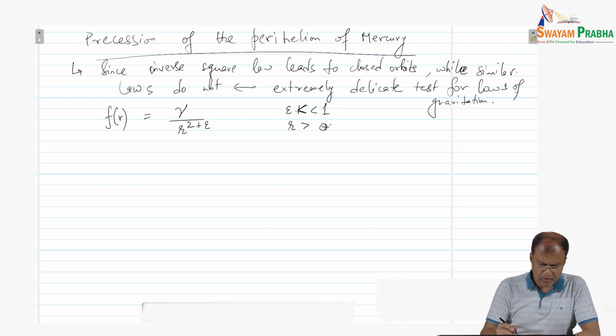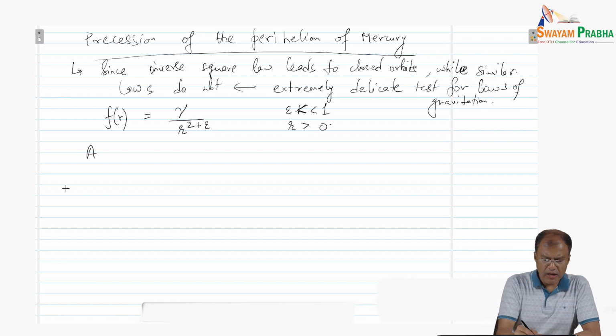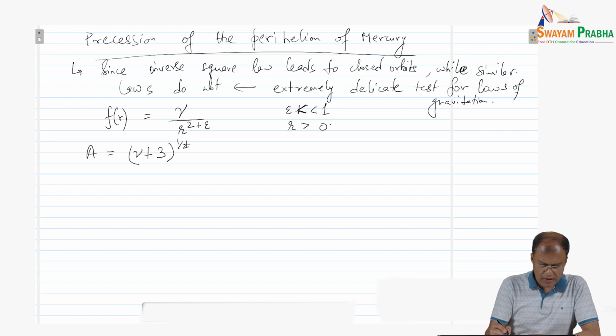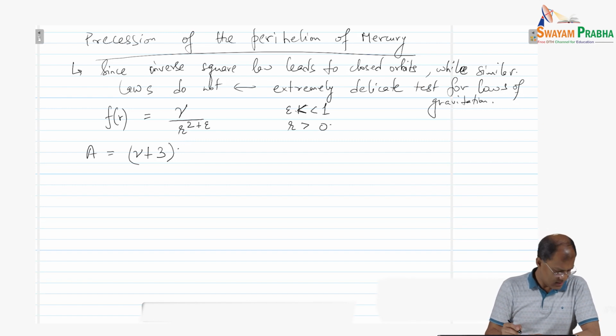Now in this case, for my A in the path equation, we go back to the exercise that we did a few minutes back, and we find that A comes out to be nu plus 3, and we see that nu is minus 2 minus epsilon. So this is going to be 1 minus epsilon.